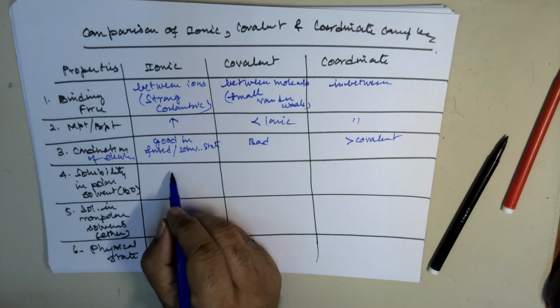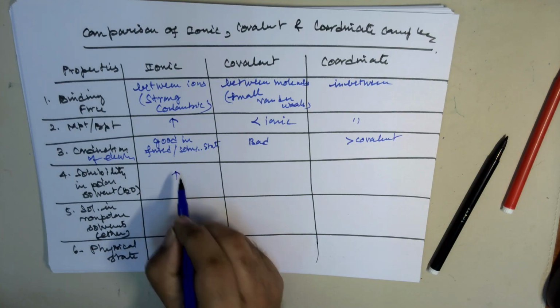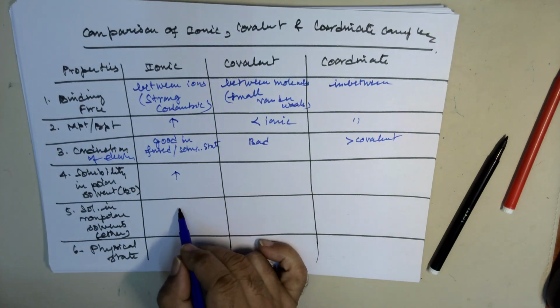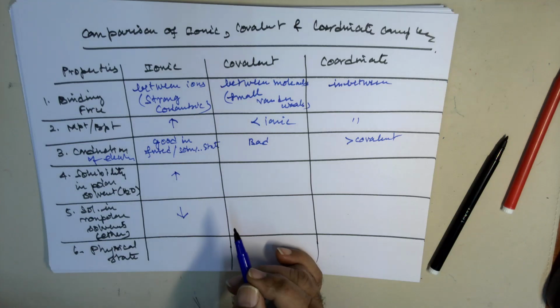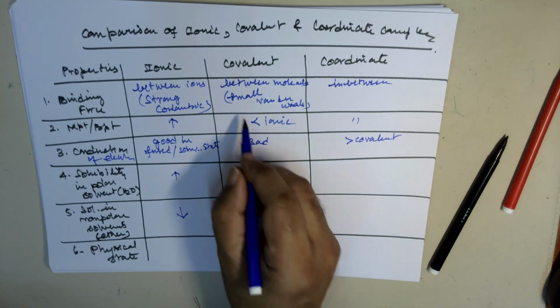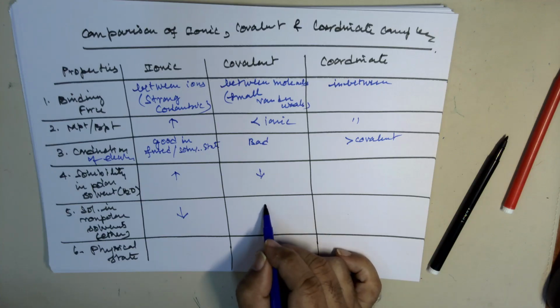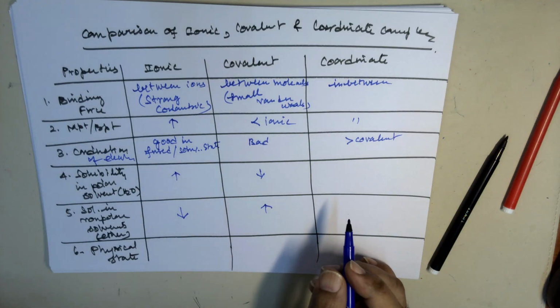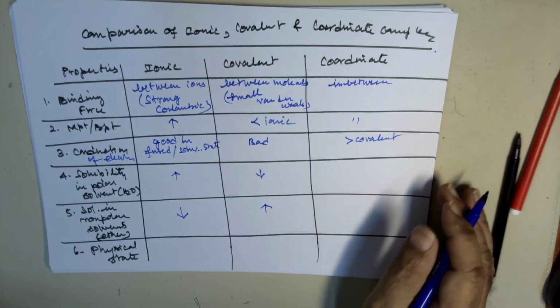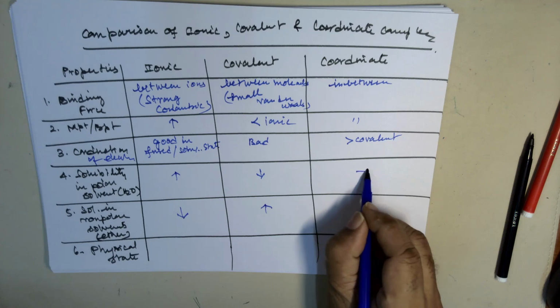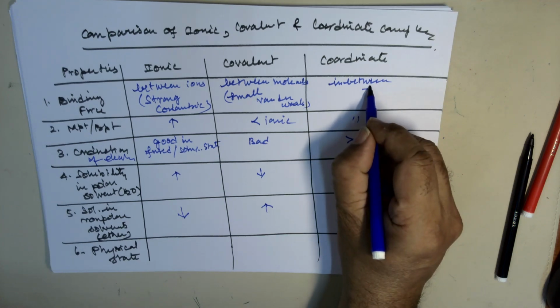And the solubility in the case of ionic compound is in water high, in organic solvent low. Whereas in covalency, it is low in water and high in organic solvent. Whereas this is in between.